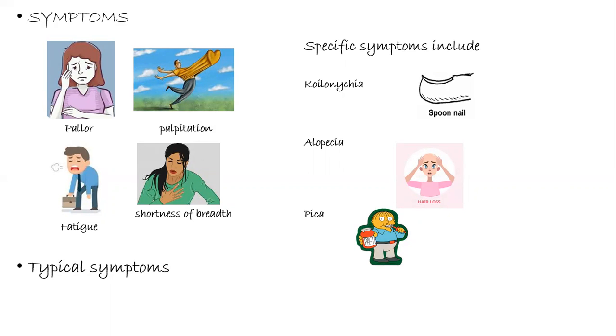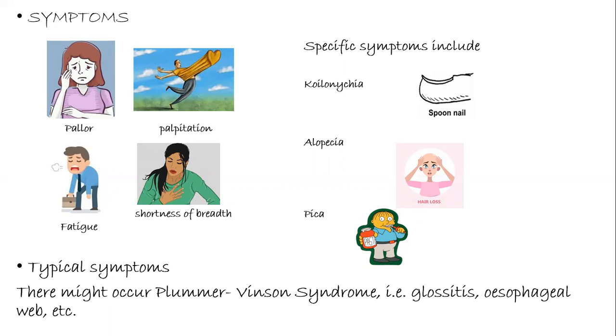Like in most cases, the person might feel like eating soil. He has a craving to eat pencils or the slate pencils which are used on slates. So that particular symptom is called pica. There might occur Plummer-Vinson syndrome, that is glossitis and esophageal web formation, etc.